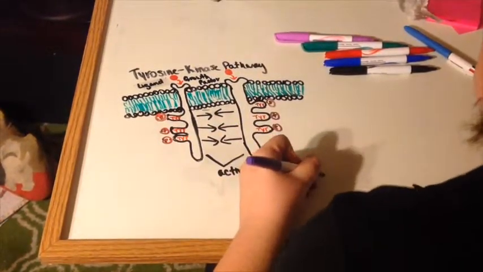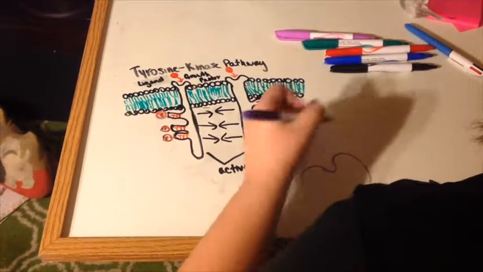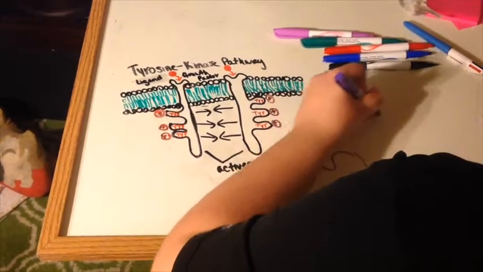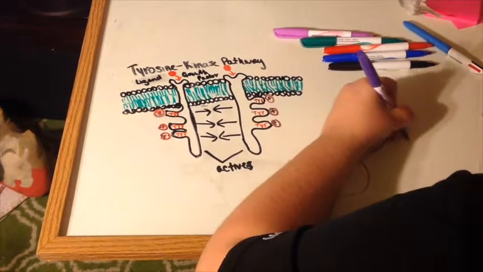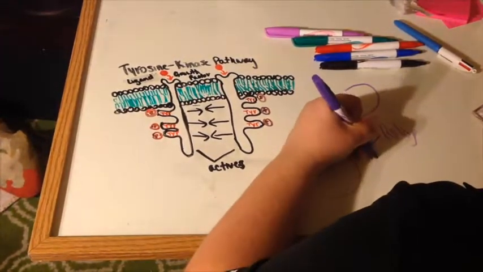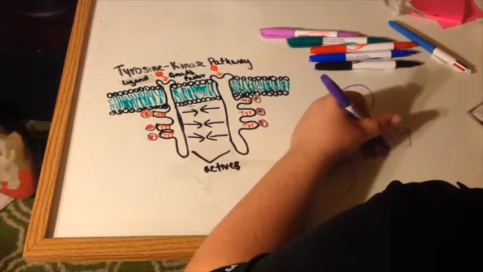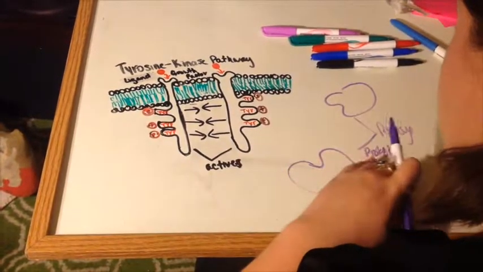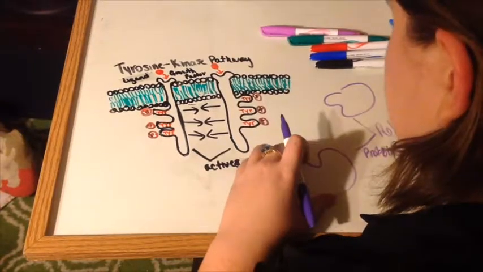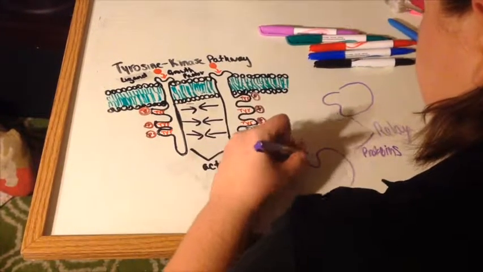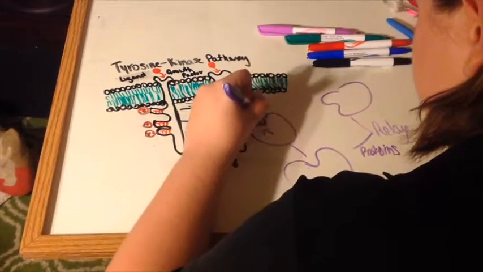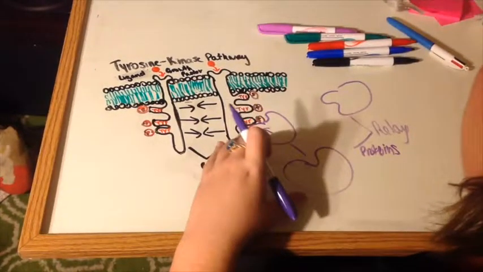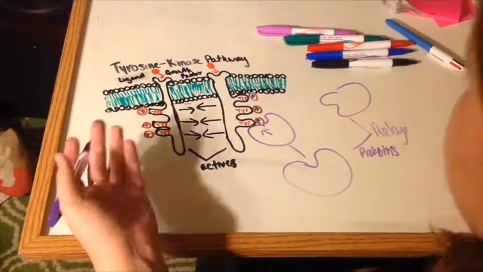So you're going to have a couple relay proteins, and each relay protein is going to have a certain one of these to connect to. This one's coming up here, then it's going to fit real smoothly around. And when that happens, then you have your cellular responses.